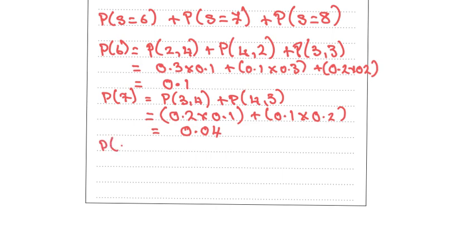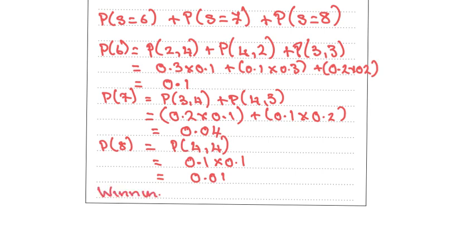The probability of 8 is equal to the probability of a 4 and a 4, which is equal to 0.1 times 0.1, which is equal to 0.01. So winning is equal to 0.1 plus 0.04 plus 0.01, which is equal to 0.15.